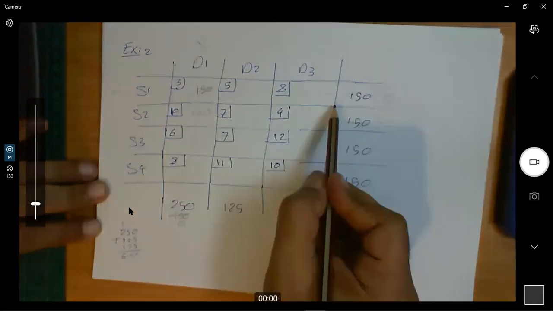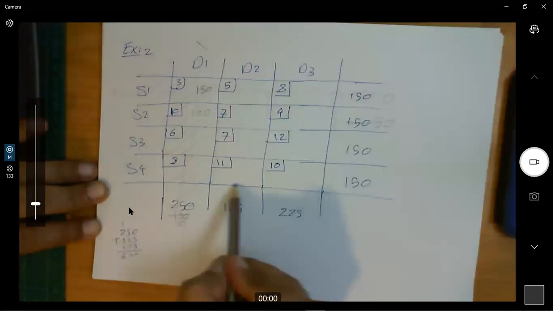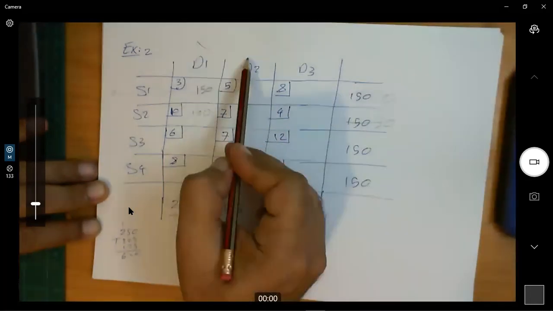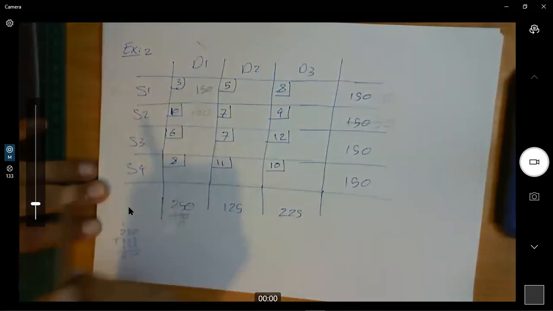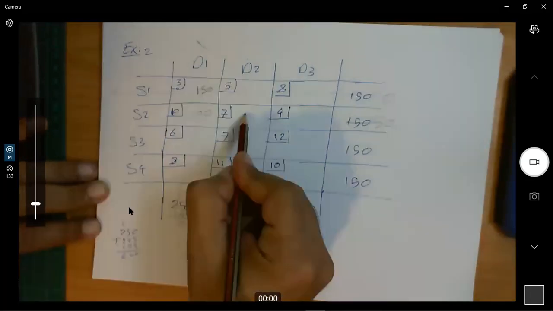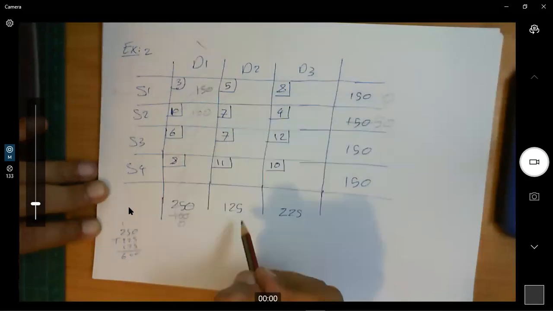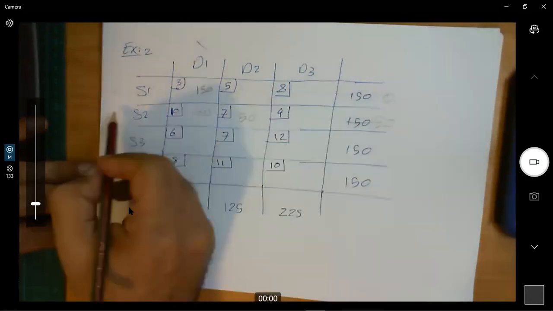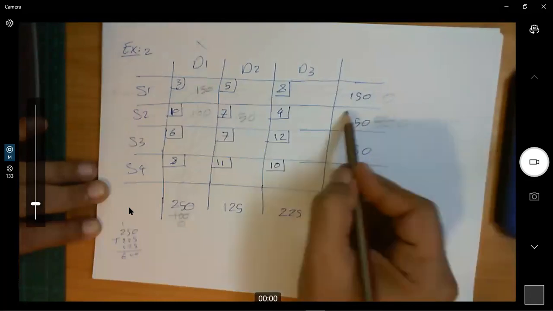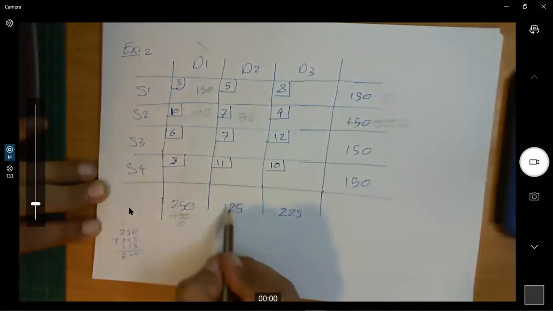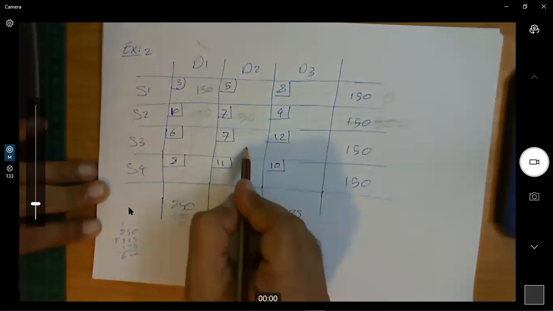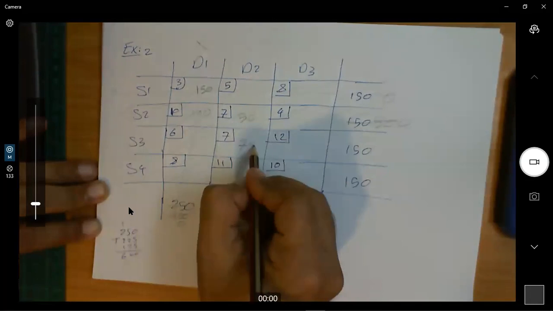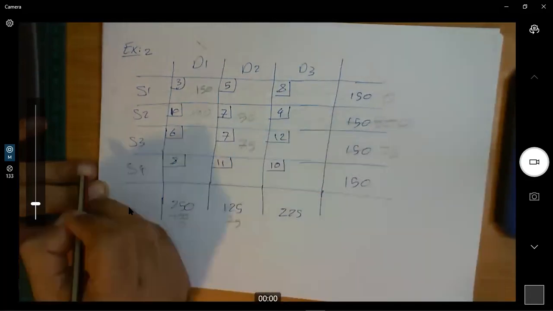So we are only left with this part, with destination D2 and D3, and second supplier, third supplier, fourth supplier. So northwest, what's the maximum we can allocate? 125. Out of 125, we have 75 still. Northwest, that's the one. Here 75.